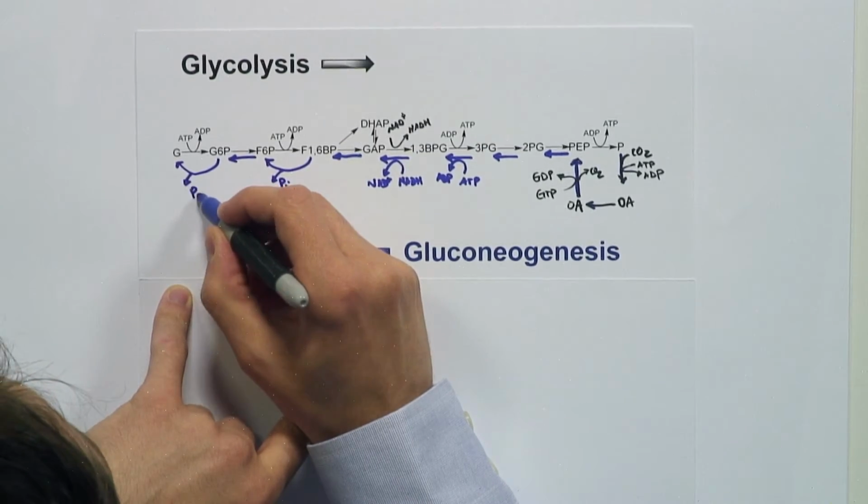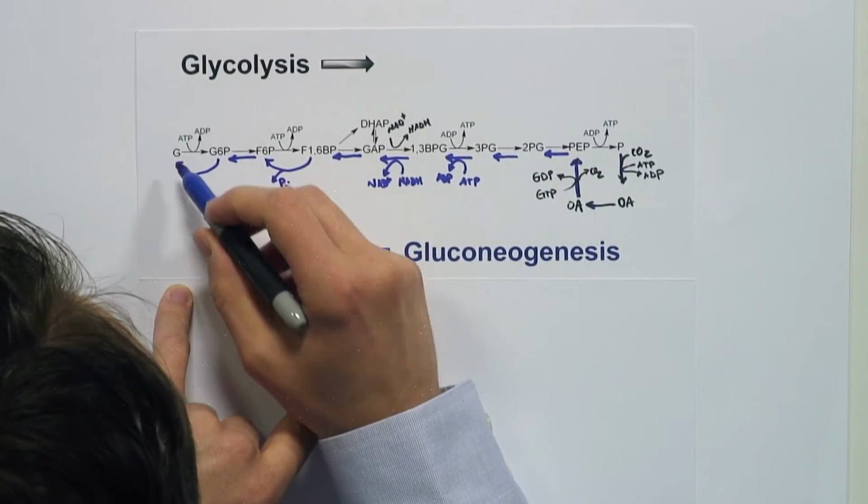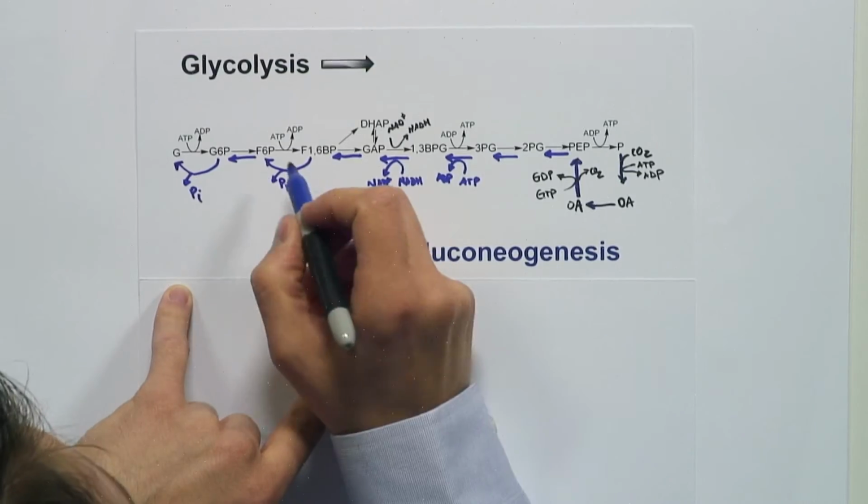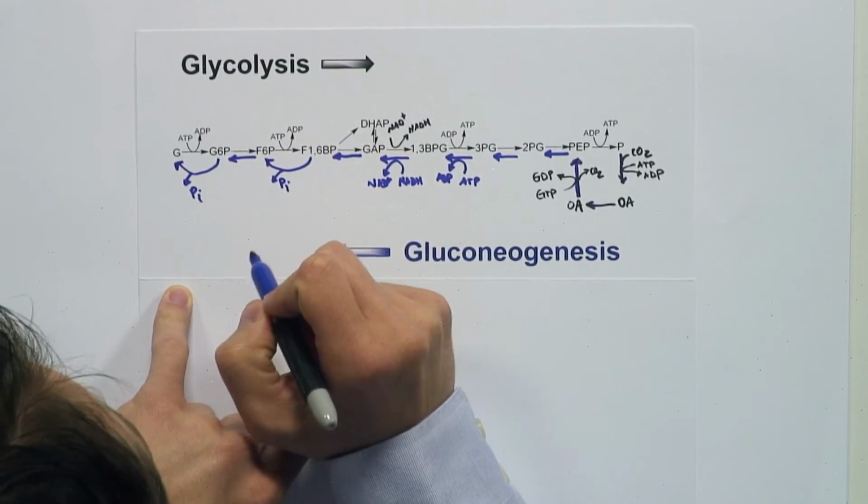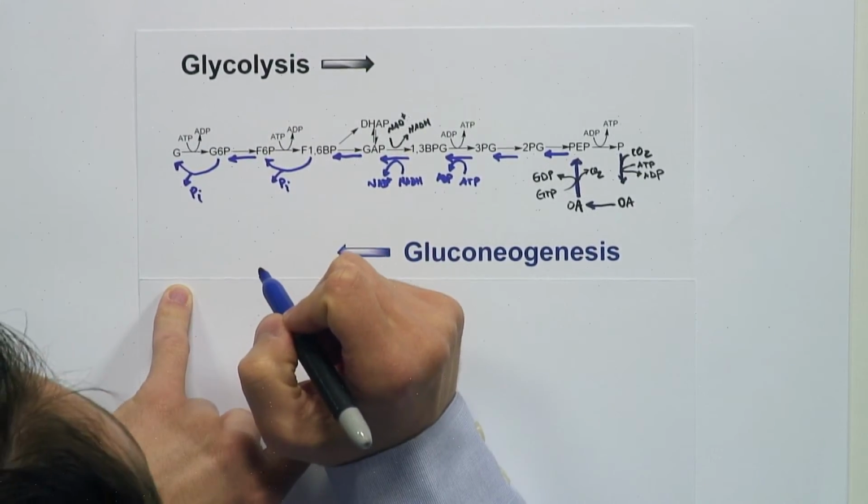So therefore, by using these 2 tricks, we can go back to glucose without regenerating these ATP molecules, and therefore the pathway can be spontaneous. Now, the bottom line here is that both glycolysis and gluconeogenesis are spontaneous, but gluconeogenesis uses most, but not all, of the glycolysis steps to run in reverse.